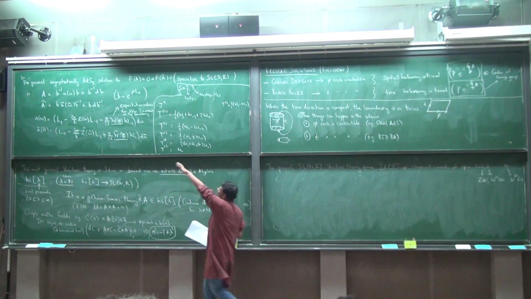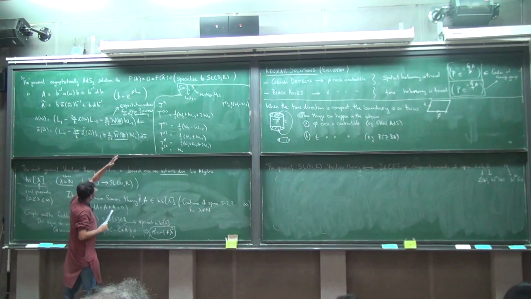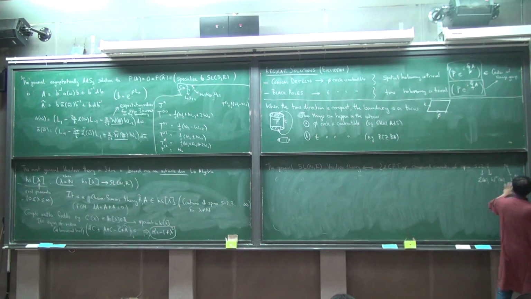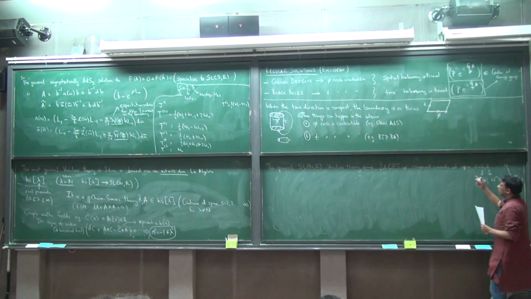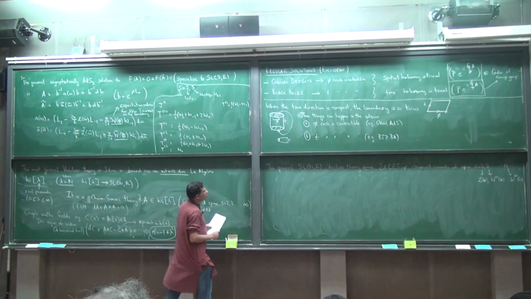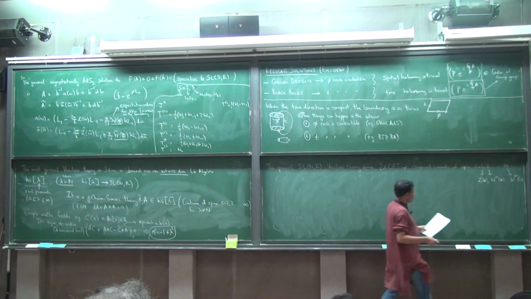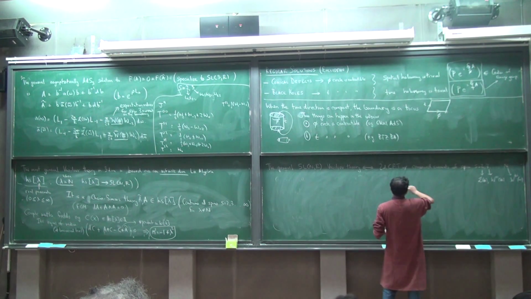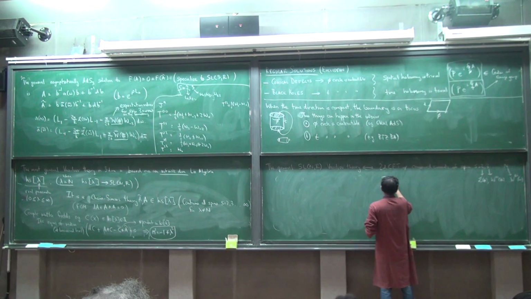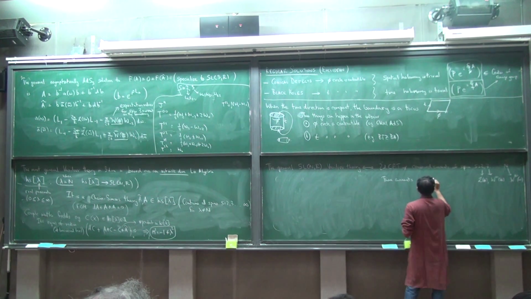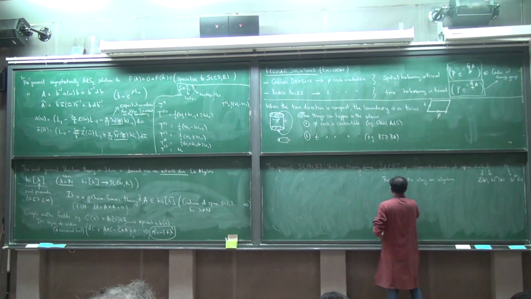I wrote down here only the case with spin 3, but in general there will be N-1 functions, which will correspond to conserved currents in the boundary theory. These currents obey an algebra which is called the W_N algebra.